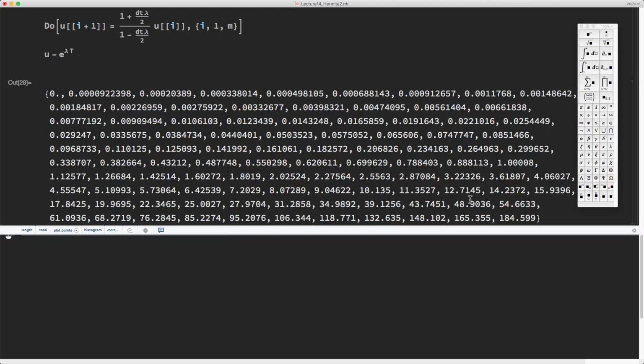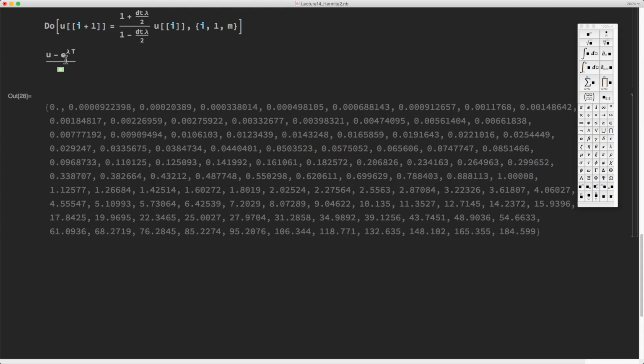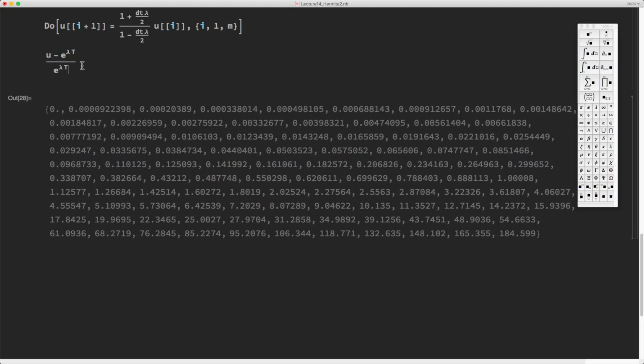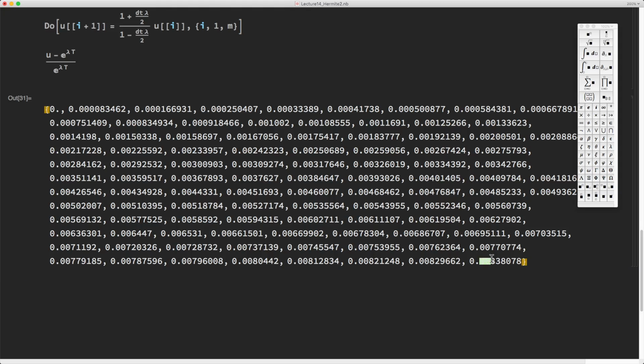Now we see the accuracy, but we would prefer to have that in relative terms because it's an exponential function, so it increases fast with time. So let's calculate the percent accuracy. Okay, so now we see that the accuracy is at least 2 or 3 digits. And it seems like it's more accurate first.